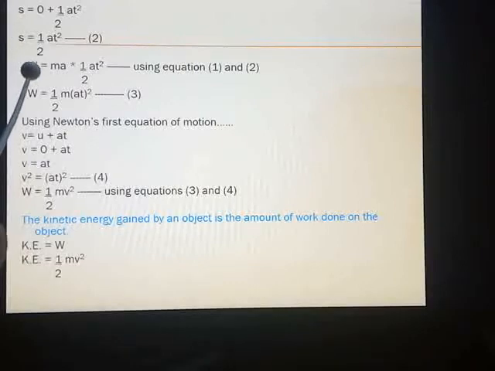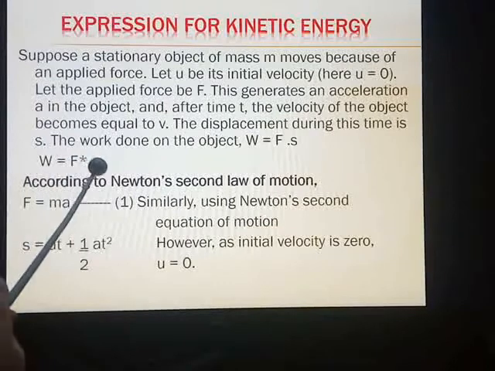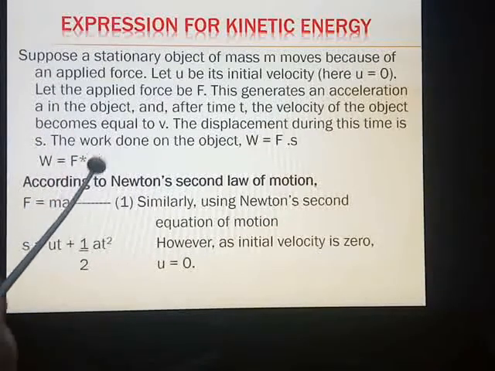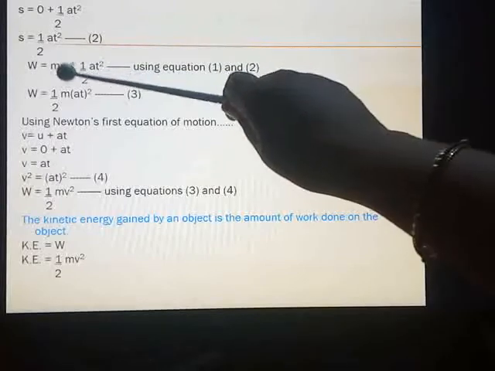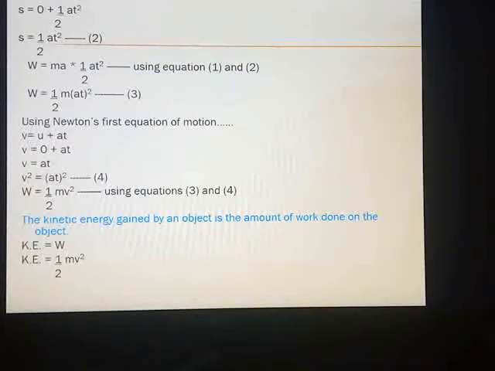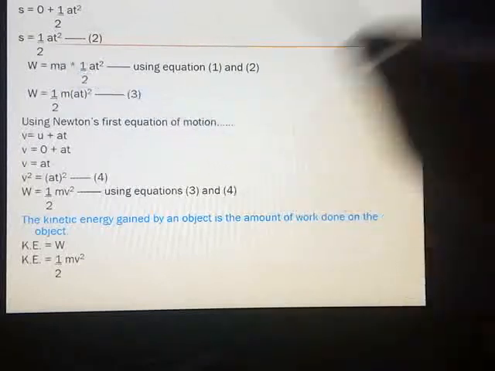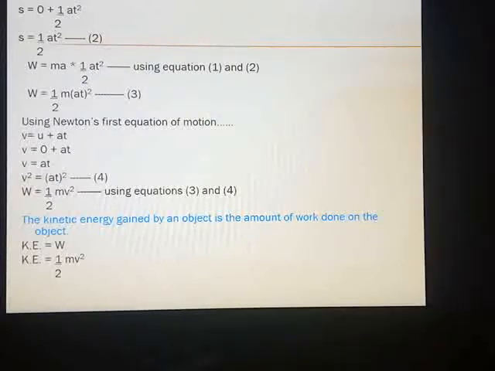Now substitute this in the previous equation, W is equal to F into s. So in place of F you will write ma, and in place of s you are going to write half at square. So our equation becomes ma multiplied by half at square. Take half over here, half multiplied by m. Now you can see a square is a into a, and t is also square.